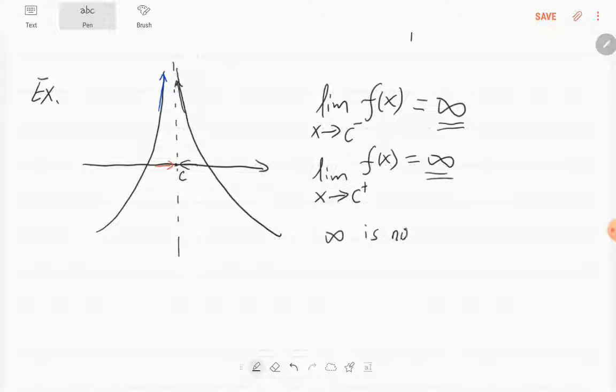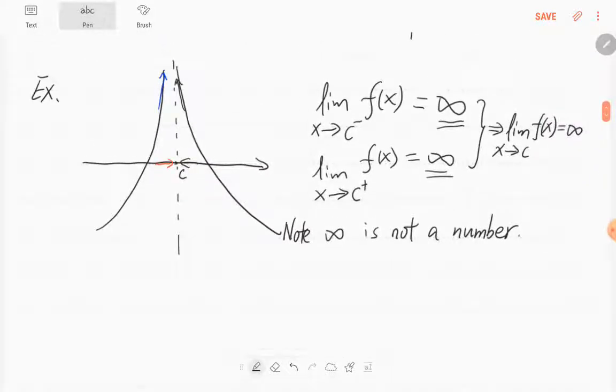Since both one-sided limits have the same result, infinity, we can also write this as the limit as x approaches c of f of x is equal to infinity. So this is one example for the vertical asymptote, right?